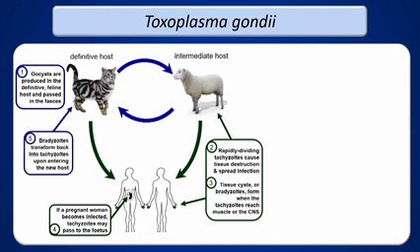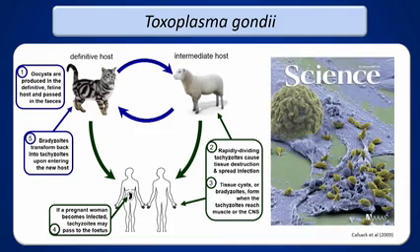Okay, and just to look at what they look like in vitro when we're culturing them in the lab. We use fibroblast cells coating the bottom of our tissue culture flask here, and these are the individual tachyzoite stages. They invade the cell and rapidly divide over a few days to 128 parasites per cell.